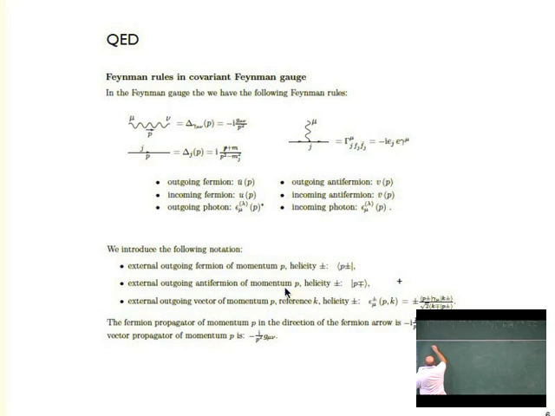So we will use for the other helicities parity, which exchanges the helicities, and a charge conjugation, which exchanges fermion with anti-fermion.